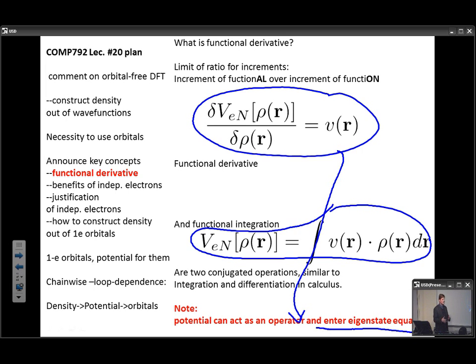And eigenstate equations are something we have been well versed in for many years; one tries them in any discipline related to quantum properties. So an opportunity to use this potential back in the eigenstate equation is a little technical benefit. We also have a formal procedure to get this potential out of the functional.